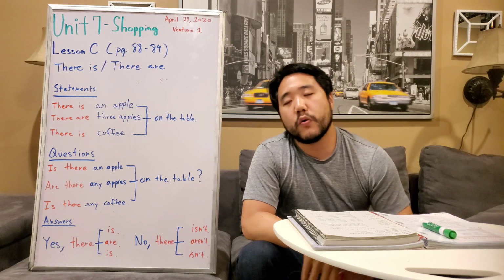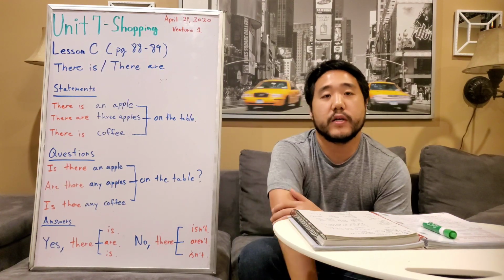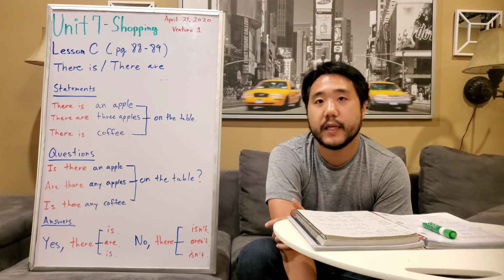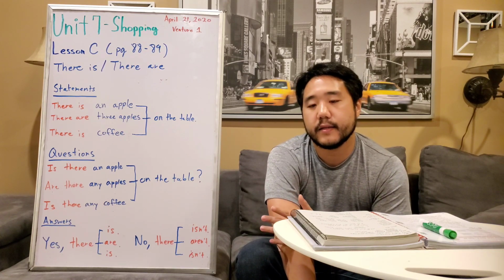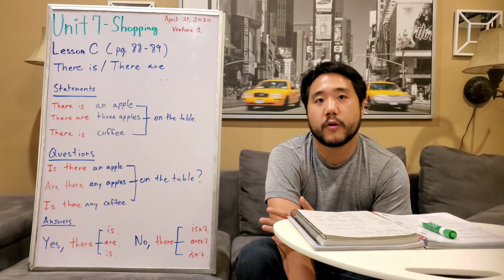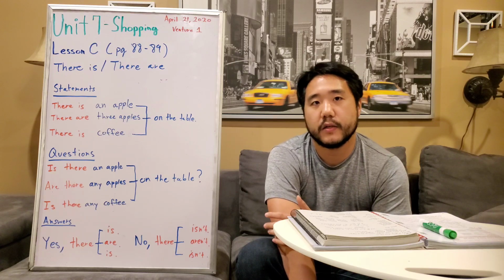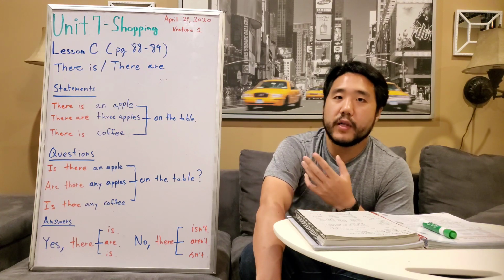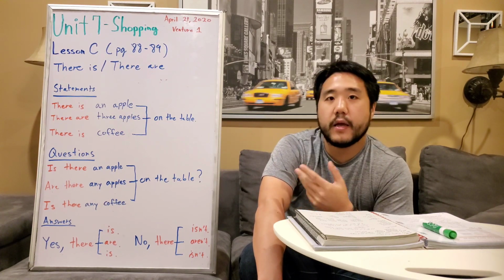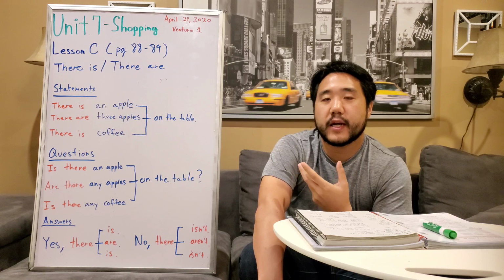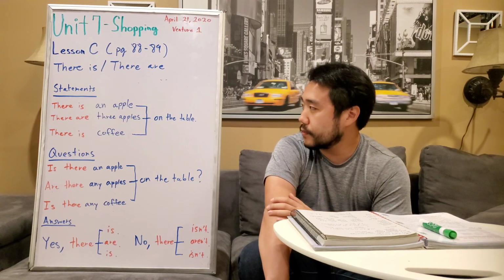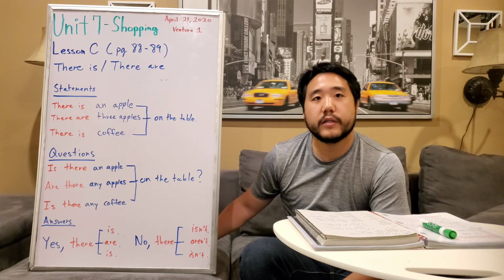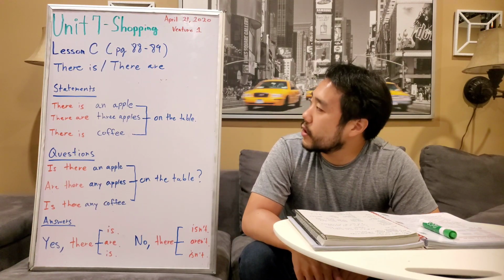The choice between the phrases "there is" and "there are" at the beginning of a sentence is determined by the noun that follows it. In other words, we use "there is" with non-count nouns and singular count nouns. And for "there are," we use plural count nouns.